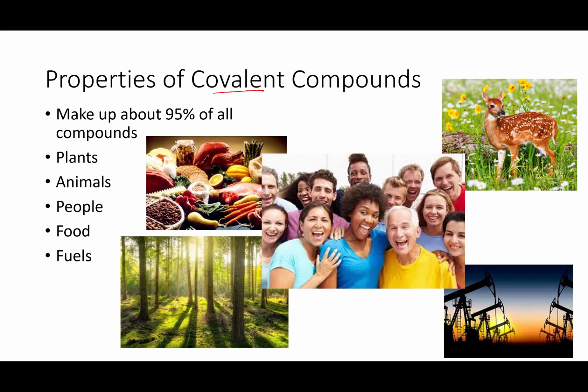Now, covalent compounds can make up about 95% of all the compounds that chemists have found on planet Earth. This is a lot of the important things involving living organisms. The important chemicals that make up you, me, plants, animals, food, fuels.